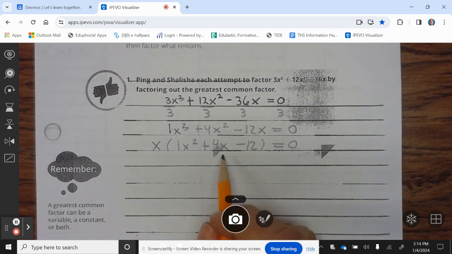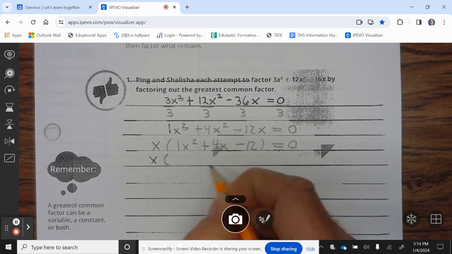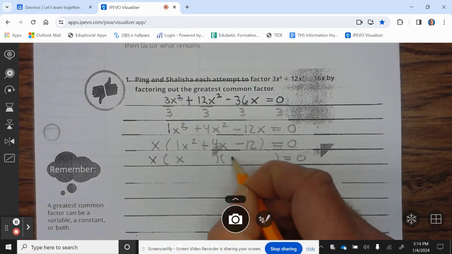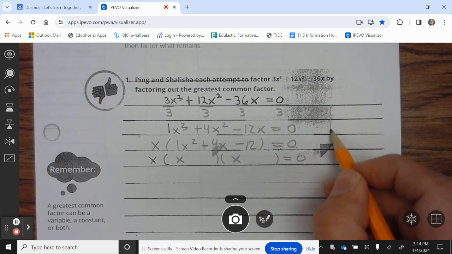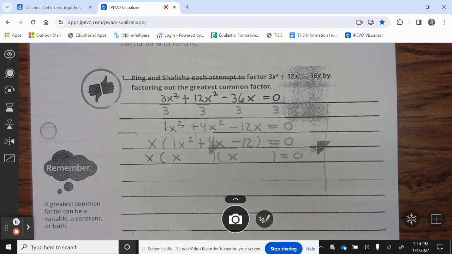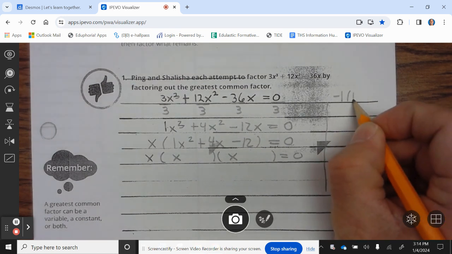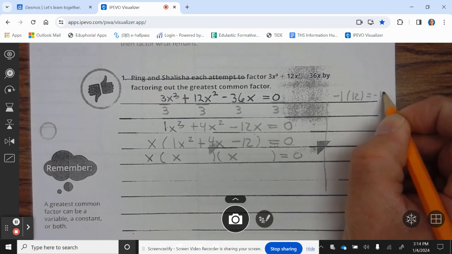All right, now we know 2 parentheses. X and x makes x squared. Now we need to figure out what numbers multiply to give you negative 12 combined to be 4. Since the middle number is positive, the bigger number is going to be positive. So negative 1 times 12 is negative 12.